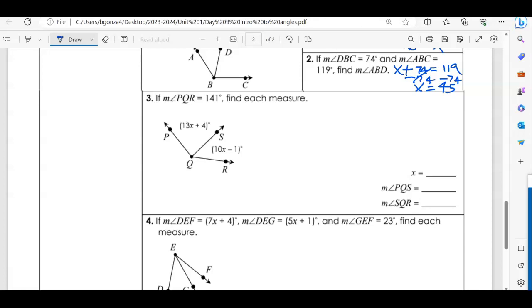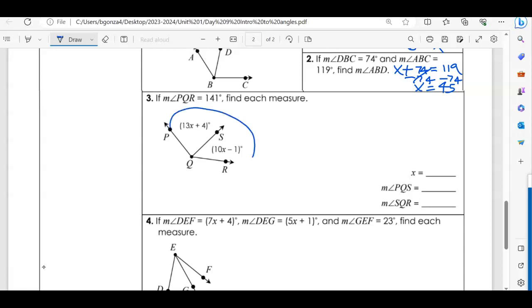So I'm looking at my picture. PQS is my left part. I know that. SQR, that's my right part. But on the picture, I don't see the whole thing. But when I read, it tells me PQR is 141. PQR, that's the whole thing. I like to label my picture.